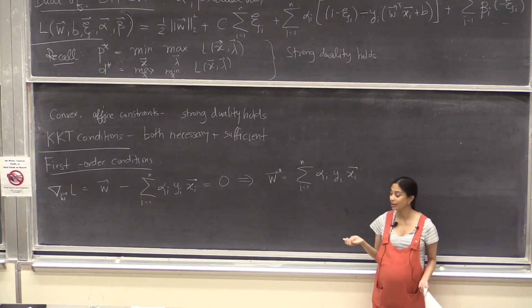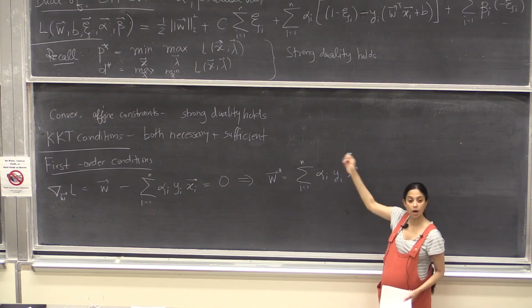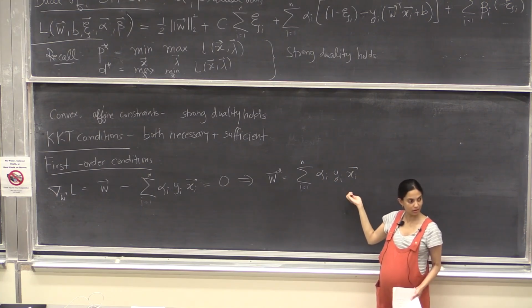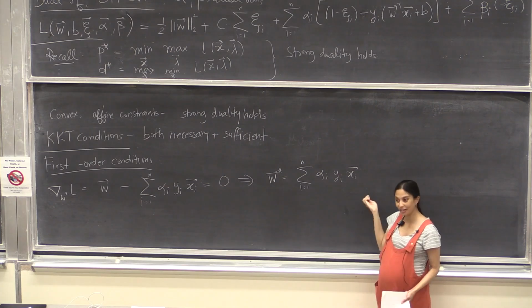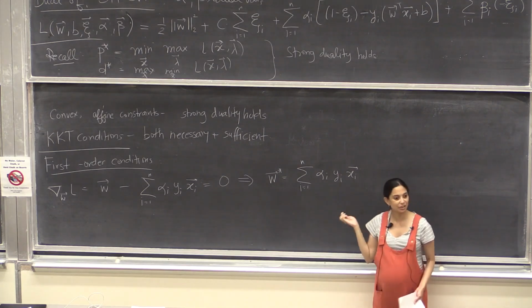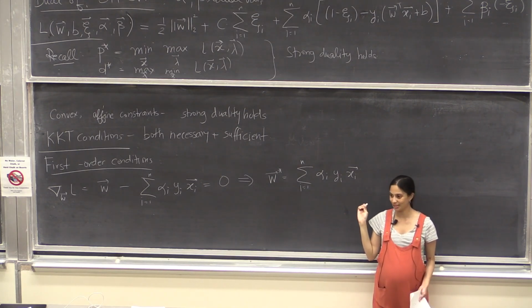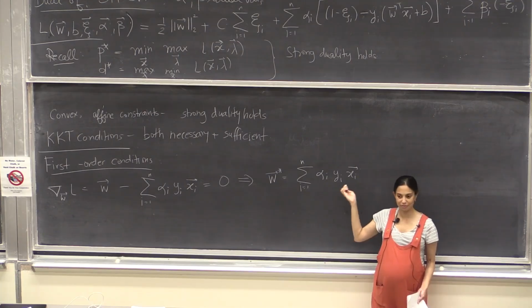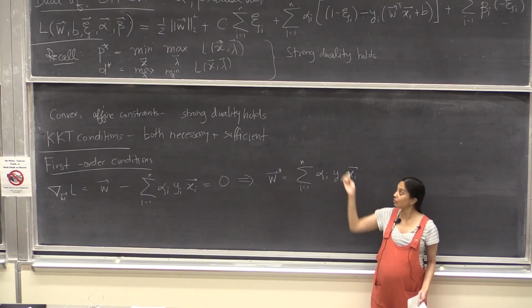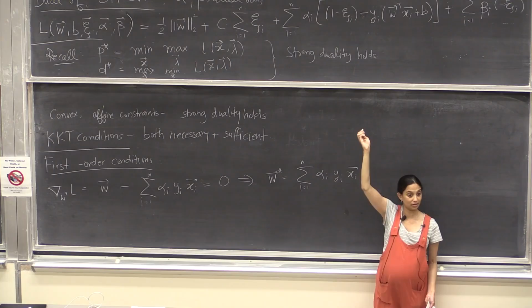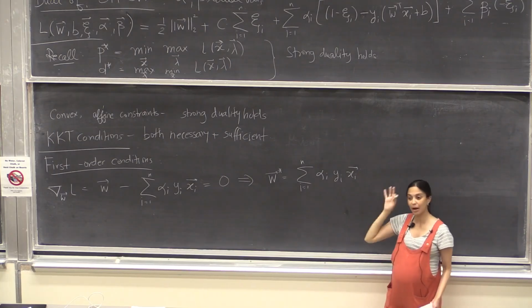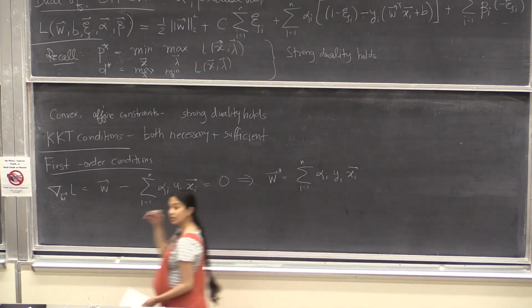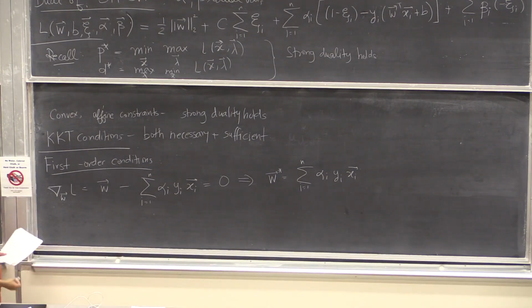Now, if I had hundreds of millions of data points, but only 2 of them were relevant, this sum is actually quite small, right? The number of entries in this sum is actually quite small. So wouldn't it be nice to care only about a few of these i's, as we saw in our example up there? Just keep that in mind as we go forward. So already this has given us some nice structure, okay?